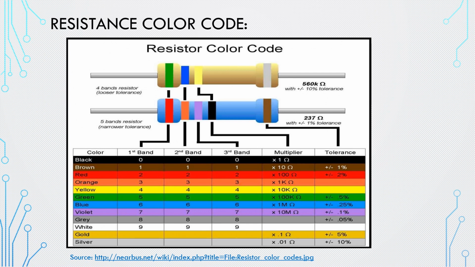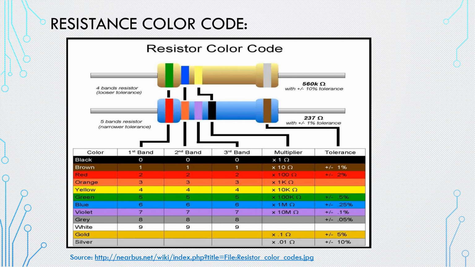I'm going to talk about the tolerance in a few minutes, but let's find the value of the resistor for the 4-band color. I go from the left side of the resistor, and each color corresponds to the right column.